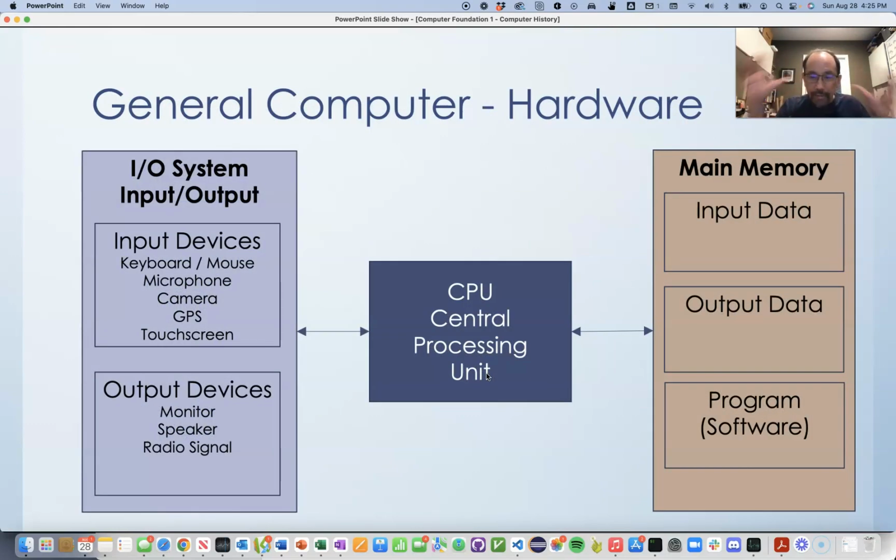So one more piece to kind of fill out the full picture of a computer. We have the brain in the middle. We have main memory. So for example, this is our 3 or 4 gigahertz computer microprocessor. Then we have our 16 gigabytes of main memory that holds all the input, output, program data.